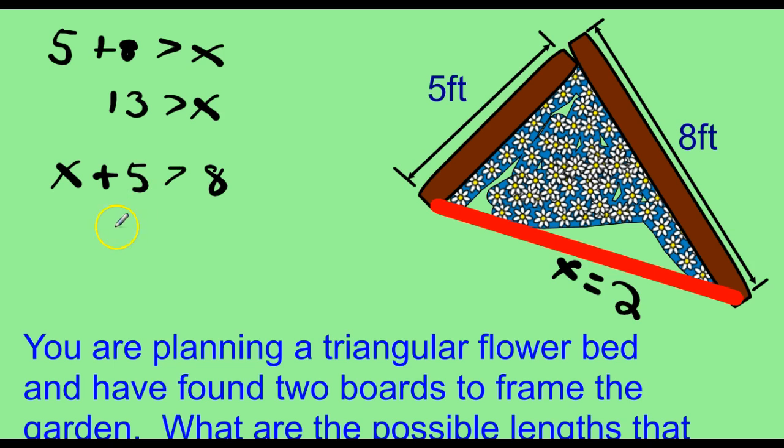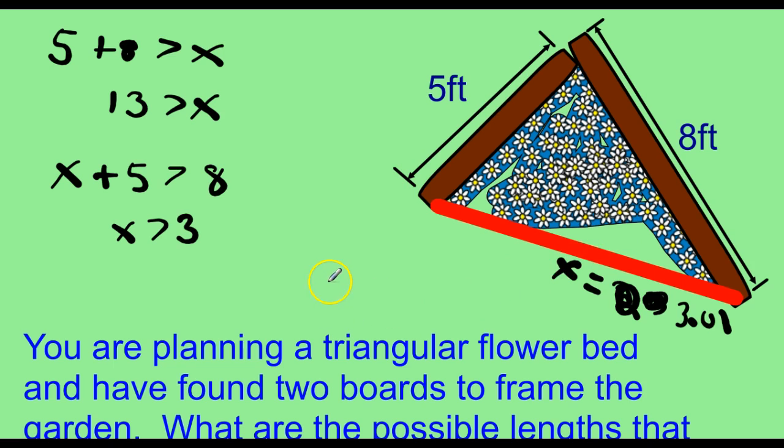Now solving for this, I know that X must be greater than 3. If X were equal to 3, 3 plus 5 is equal to 8, and I can't have that based on what we saw with the straws. So it must be anything bigger than 3. It could be 3.01, and 3.01 plus 5 is 8.01, which is bigger than 8, so that works.